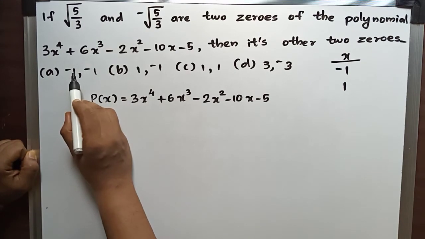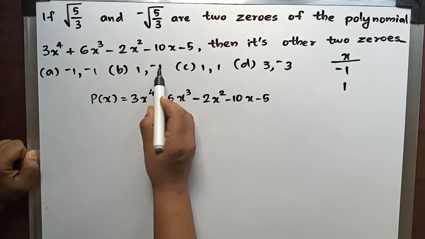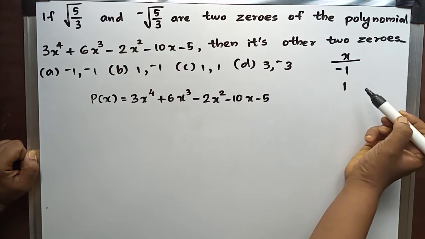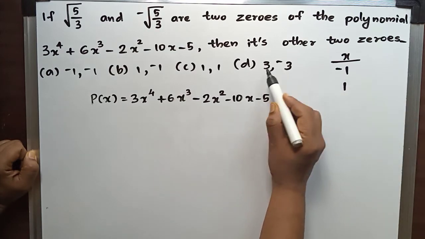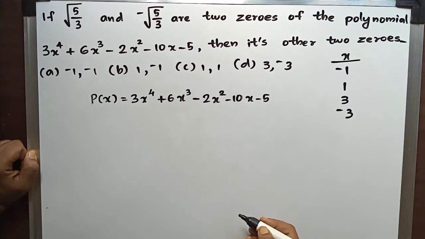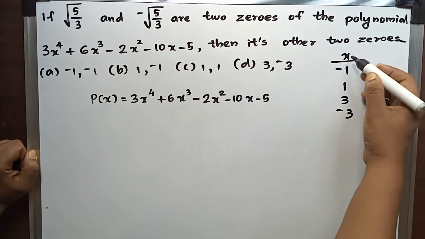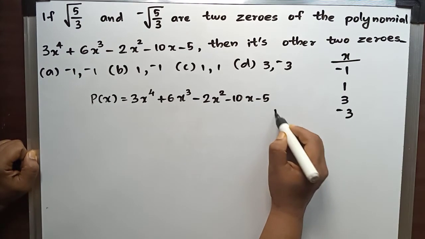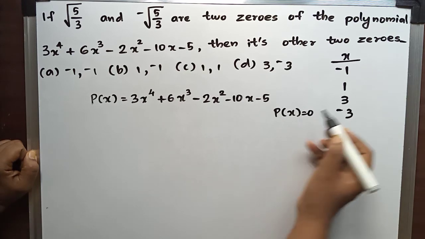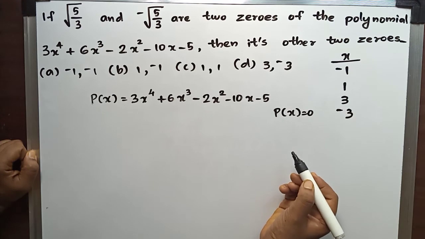So x can be minus 1, 1. Anyways, minus 1 and 1 we have to check. Then the other two options 3 and minus 3. So what I am going to do is I will put these values for x and will check whether p of x is equal to 0. And if p of x is 0 at any of these points, then that is one of the zeros of the polynomial. That is my logic.